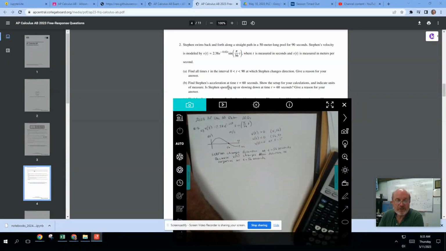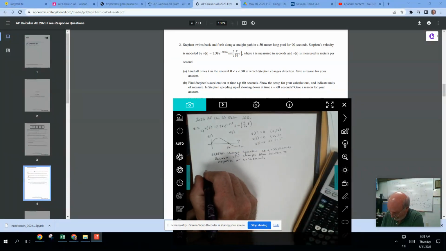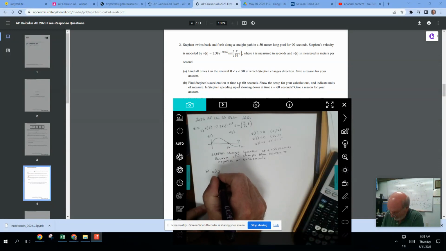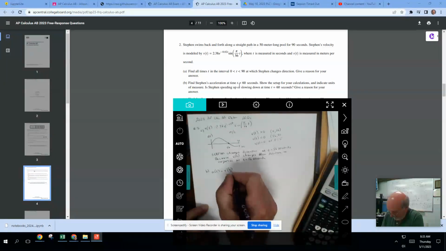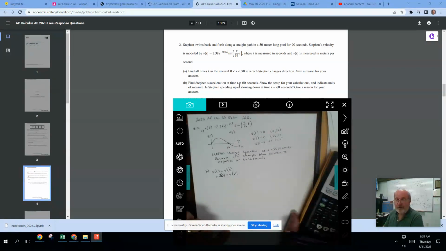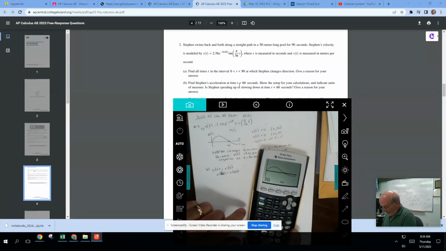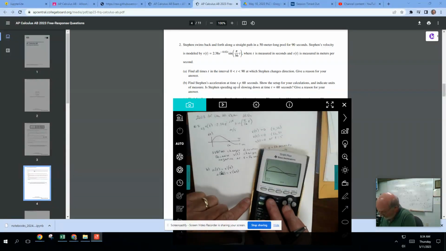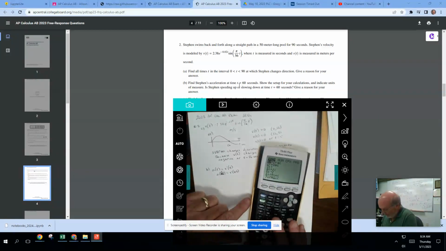Part B, find Stephen's acceleration at time t equals 60 seconds. So acceleration is v prime of t, and so a of 60 equals v prime of 60. And since we can do that in the calculator, we will say second quit, math, numeric derivative.